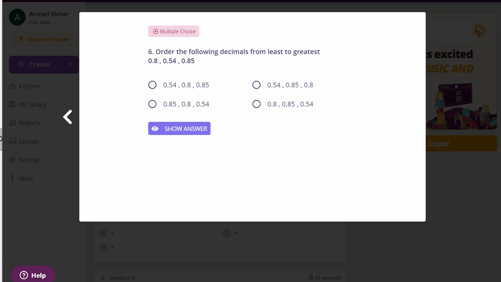Excellent. Okay, my heroes, so the answer for this question is this one, and you should focus that if you have tenths only, you can put 0 here to make it 2 digits like all other numbers. Thank you, Muhammad. Great work.